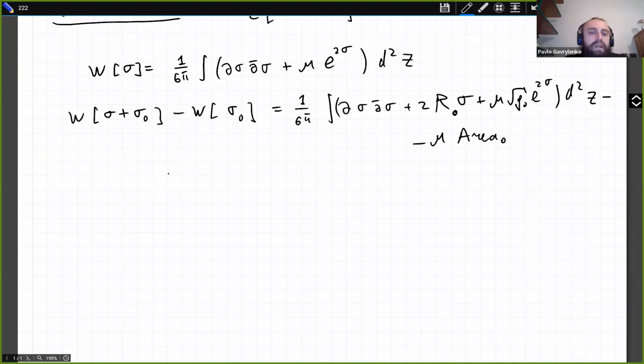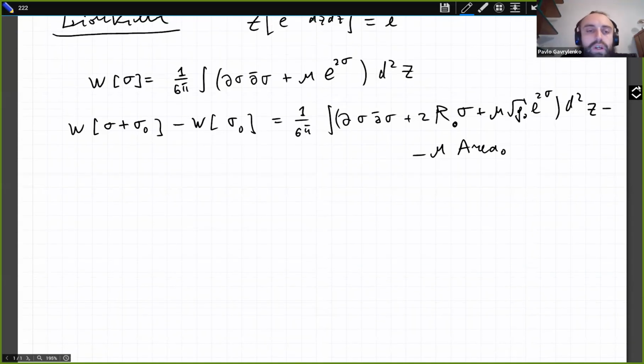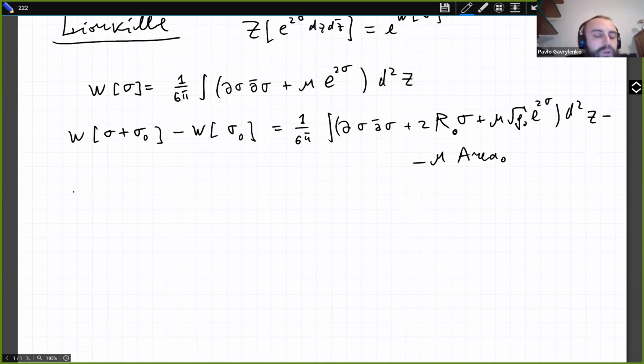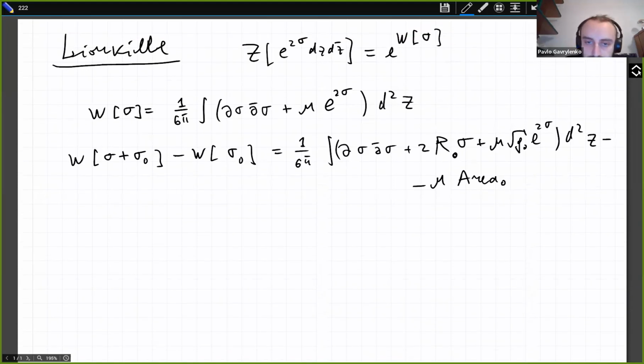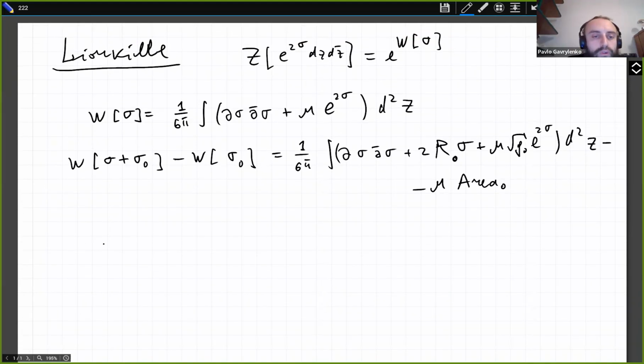And now we can notice the following thing. We know that a central charge of a conformal field theory can be obtained, for example, from the dependence of its partition function on a metric.